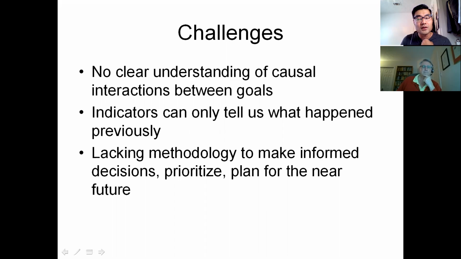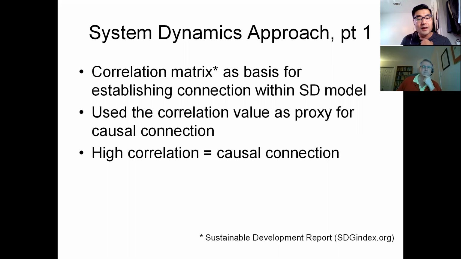So we used our system dynamics approach as a proof of concept. In our proof of concept, we relied on data and methods that the Sustainable Development Report, SDGindex.org, produced. One of which is a correlation matrix that looked at the connection between the 17 SDG goals.